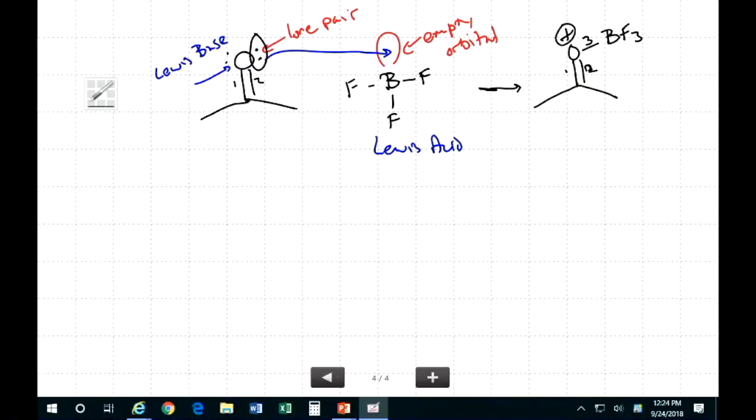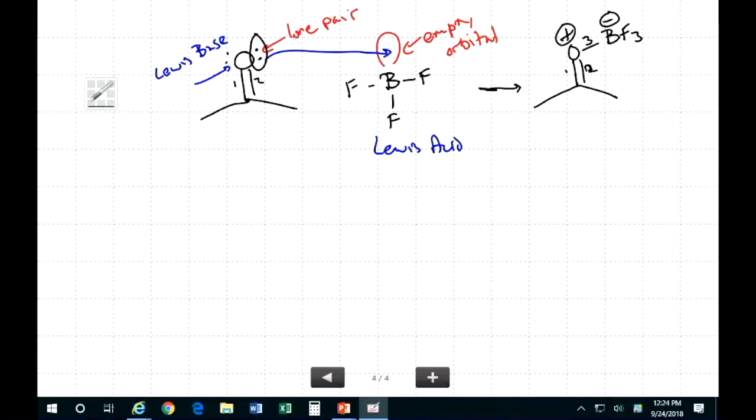Since we can't destroy or create electrons, if we get a positive charge, that means our boron gets a negative charge, which makes sense. Our boron got electrons, so it gets a negative charge. So this is how Lewis acids and bases work.